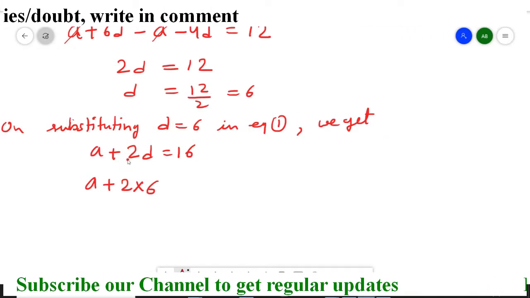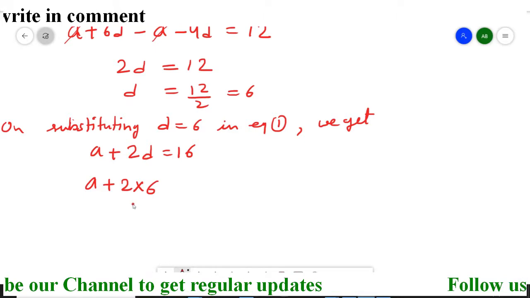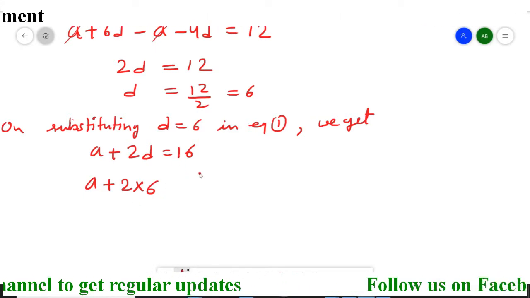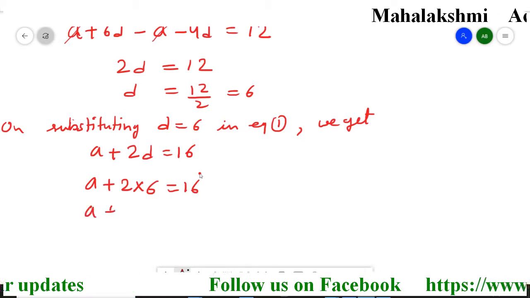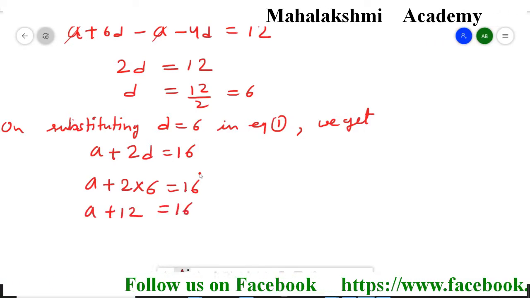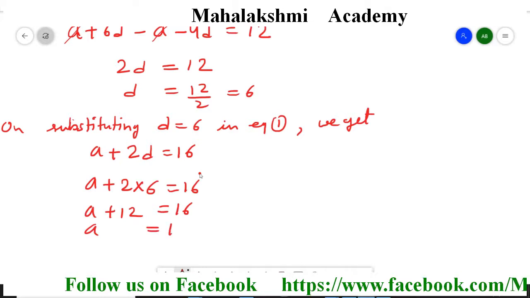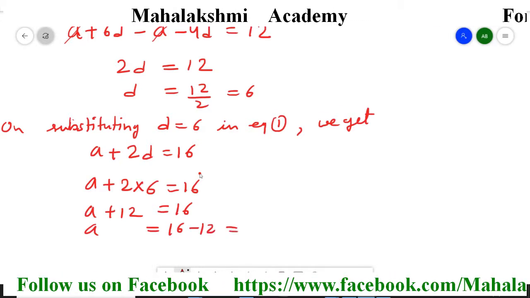Here, students, 2D means 2 multiplied by D, that's why 2 into 6, equal to 16. So A plus 12 is equal to 16. That will give you A is equal to 16 minus 12, that is 4.